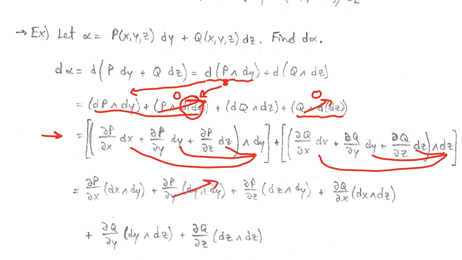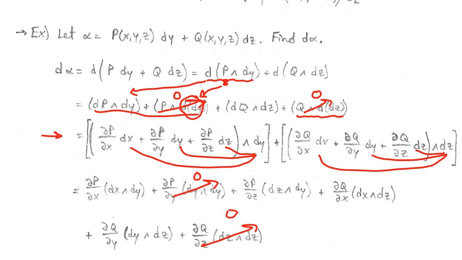So this whole thing is going to be 0, and so is that whole thing. That's going to just be a 0 as well. So now we're left with some two forms here. We have dx's and dy's, dz's and dy's, dx's and dz's, all these things here.